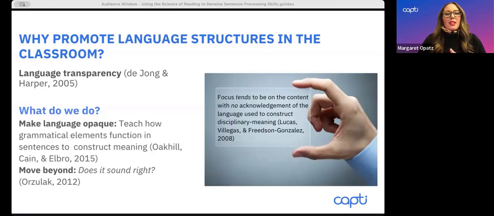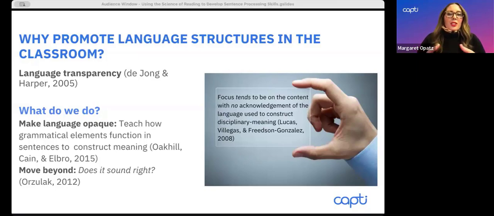And basically, what they said is that as teachers, we often don't get a lot of training in the linguistic aspects of language. So we don't often get a lot of training in the grammatical side or the syntax, like why words work in the way that they do.